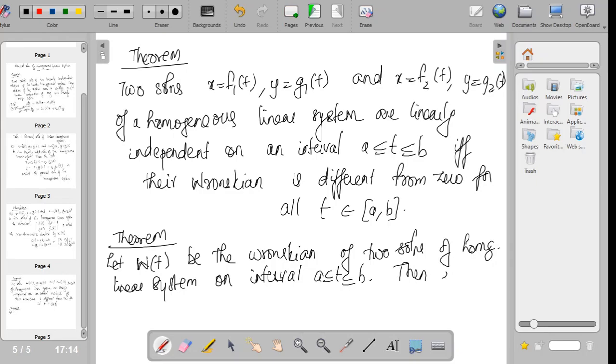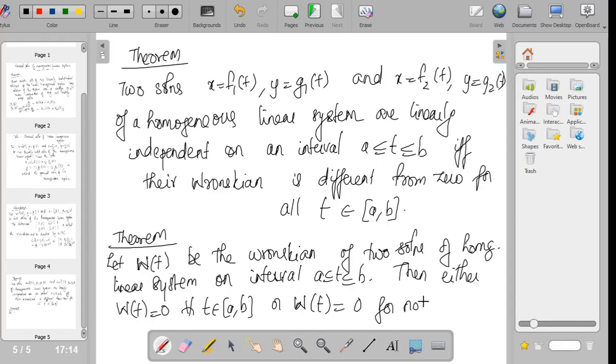Then either W(t) will be equal to 0 for all t belonging to the closed interval [a, b], or W(t) will be equal to 0 for no t belonging to the closed interval [a, b]. So that is a property of the Wronskian.